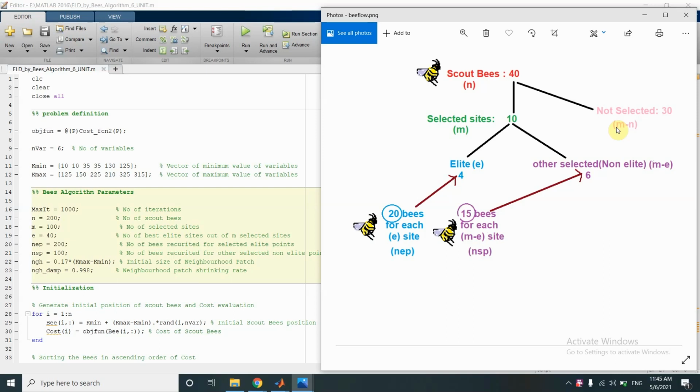So this is the breakdown of how bees are sent accordingly to look for food in different locations.